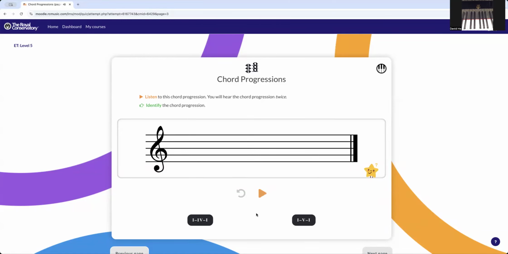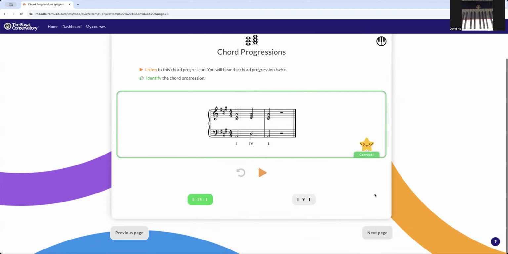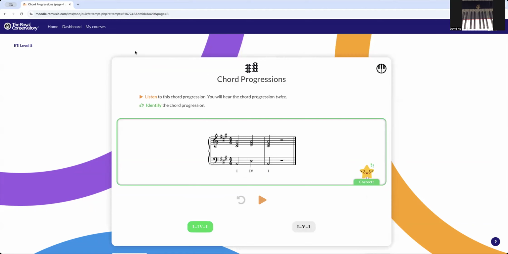Okay, the bottom. Listen to the root. Listen to the bottom one very carefully. This one is 1-4-1. That's the difference in the sound. And that's it. Let's keep going to the next level.